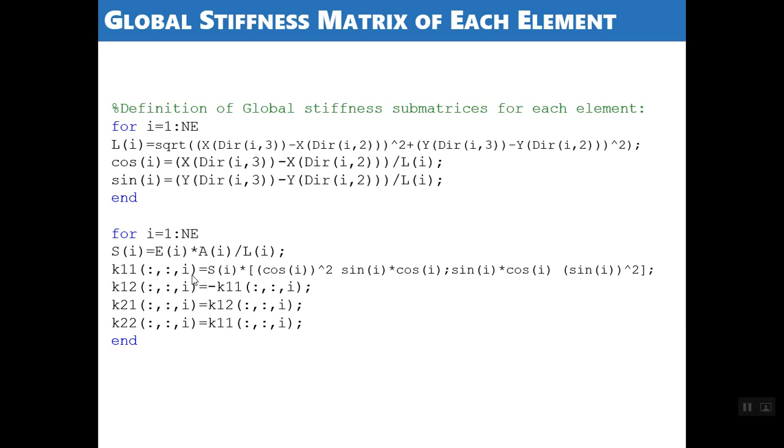So whenever we want to call the stiffness matrix at element level, this i will define the stiffness matrix for each of the elements that we can use to combine to form the global stiffness matrix for the whole structure. That is also called the total stiffness matrix or the structure stiffness matrix.